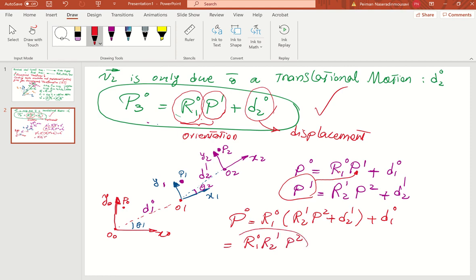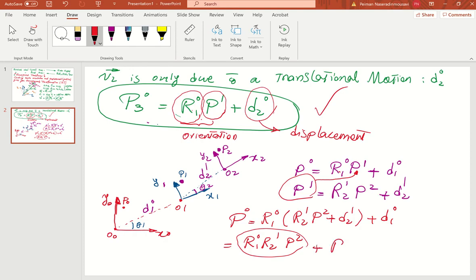I taught you this exactly, because you have two rotations. So P2 is the point with respect to its own coordinate system, and the rotation of 2 with respect to 1 and of 1 with respect to 0. Remember, I taught you this probably in part 4.